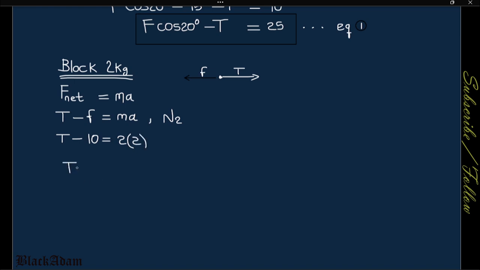So we have T minus 10 is equal to 4. Now 10 moves to the right and becomes positive, so 4 plus 10 is 14. So T is 14, and that becomes our equation 2.